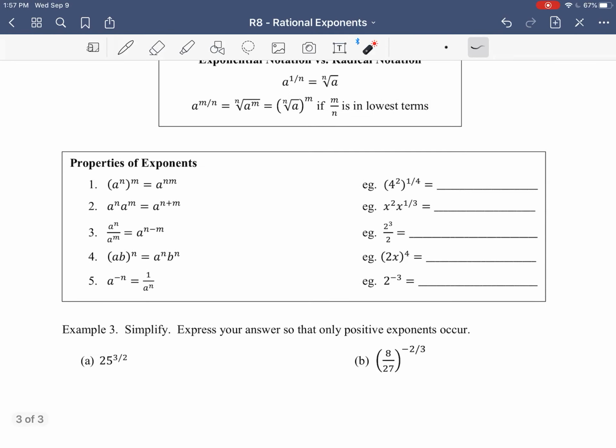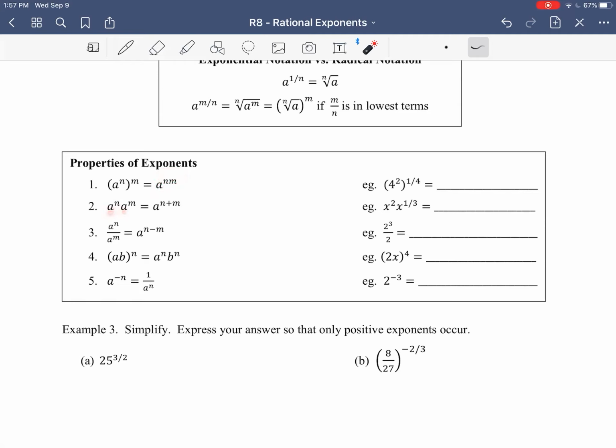Now, if we try to solve some of these, here are the properties. These are just exponent rules. The exponent rules apply to these radicals. If you have something to a power, you want to multiply the exponents.